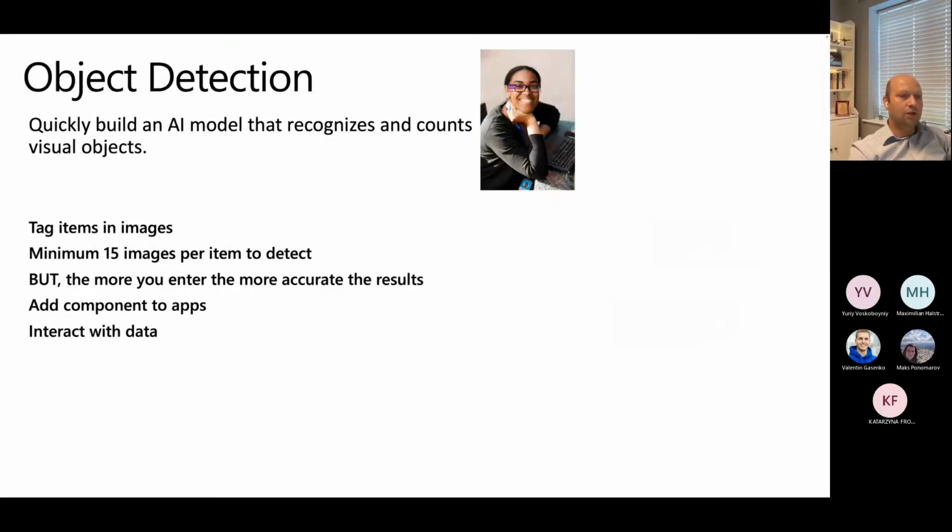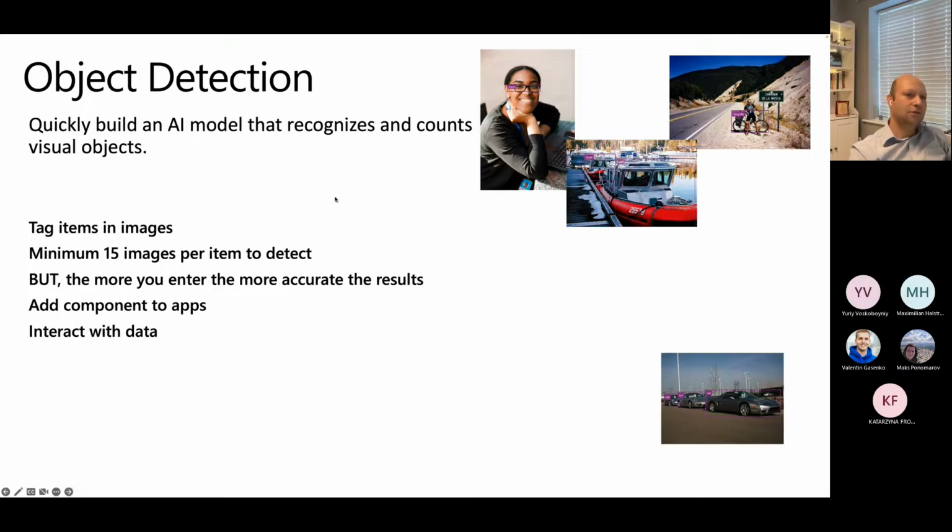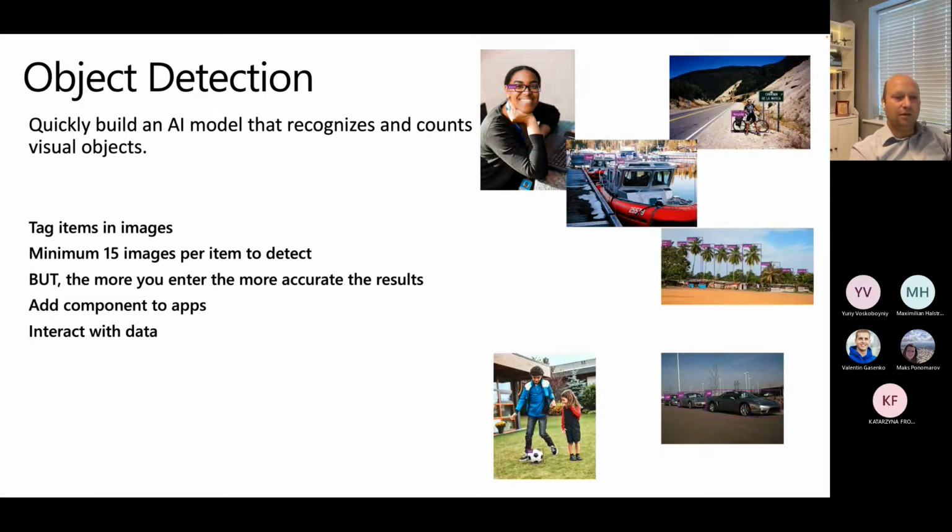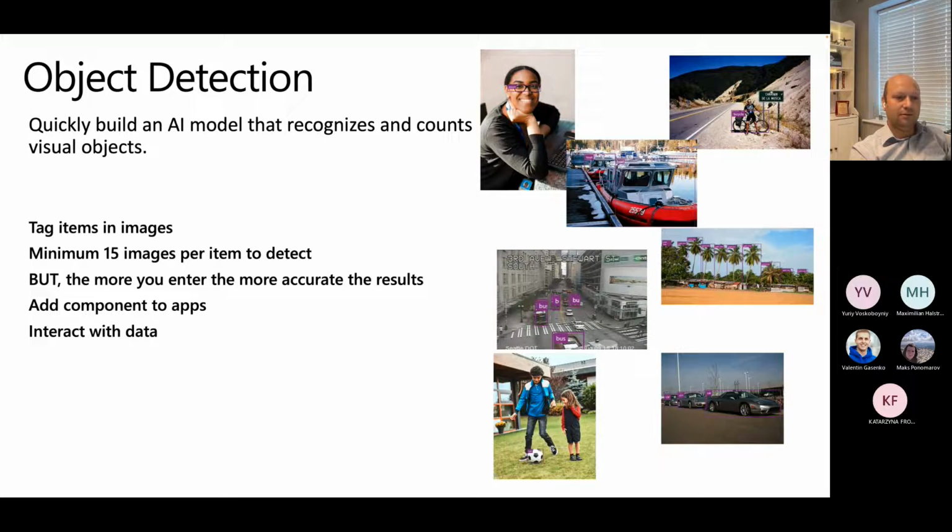And object detection. I love this one. Object detection is very interesting, and you have fun while working with it. But there is one important point here: a minimum of 15 images per item to detect.